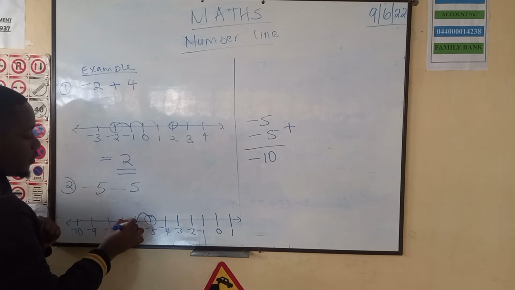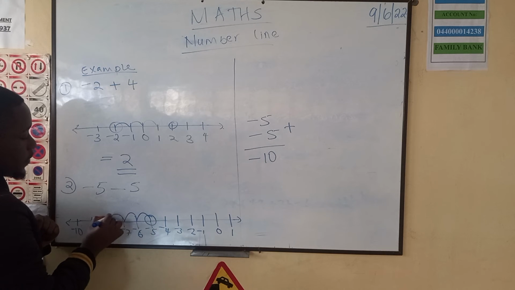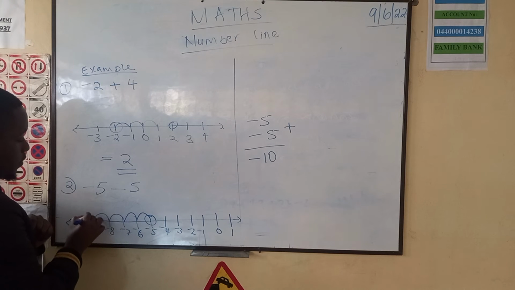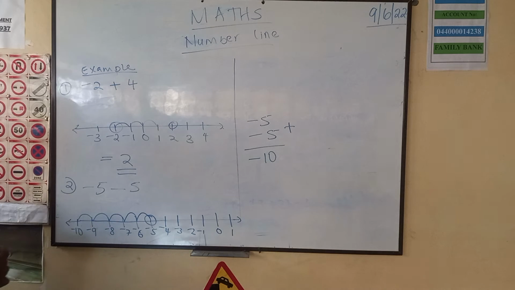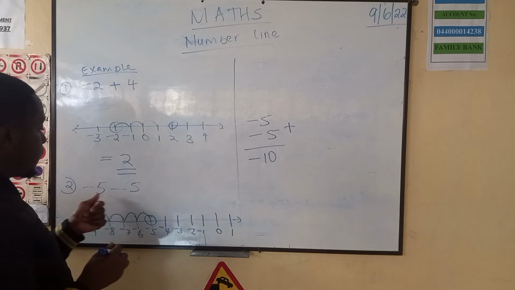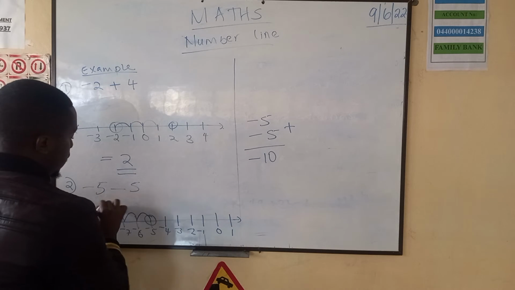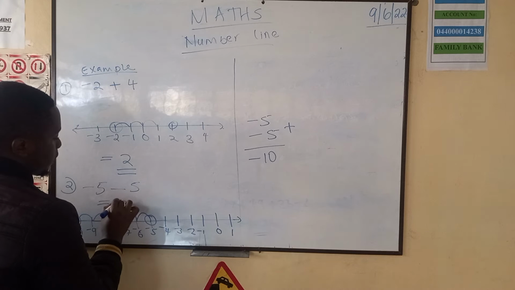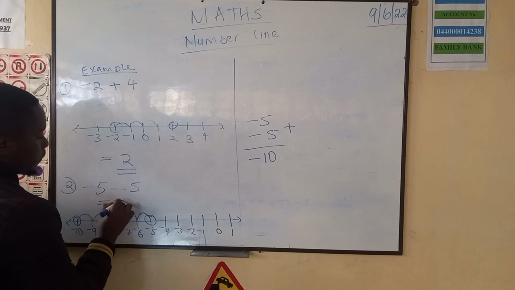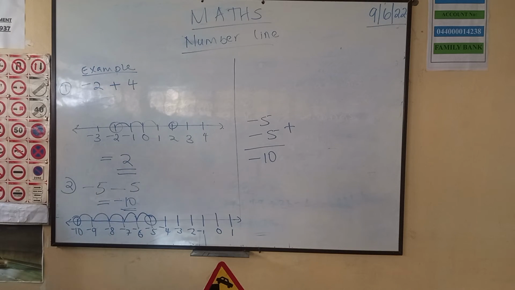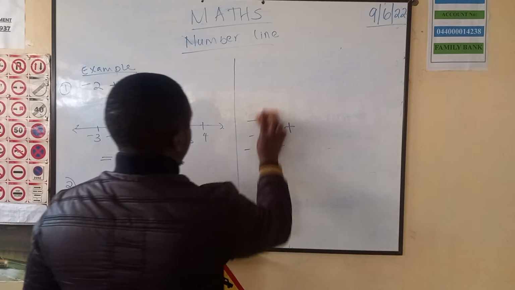You have 1, 2, 3, 4, 5. So that makes negative 5 minus 5 to be negative 10. We can do another one.